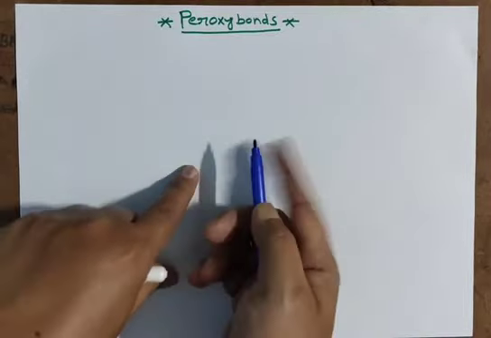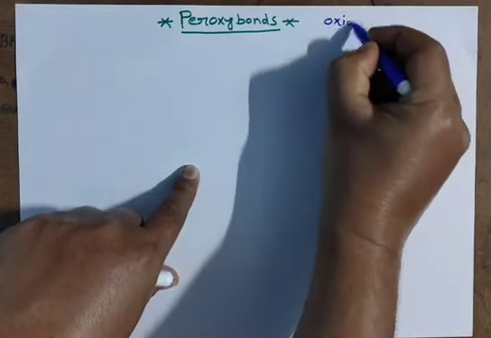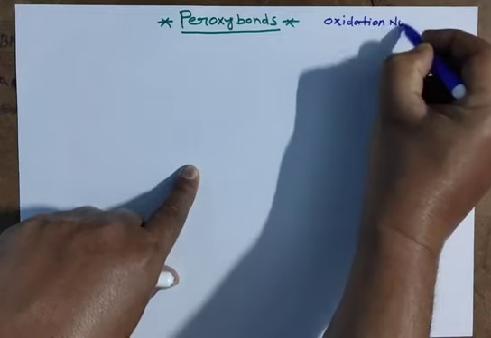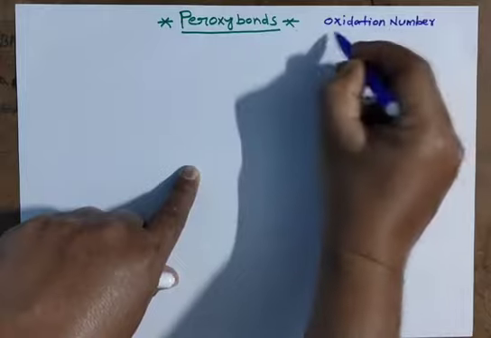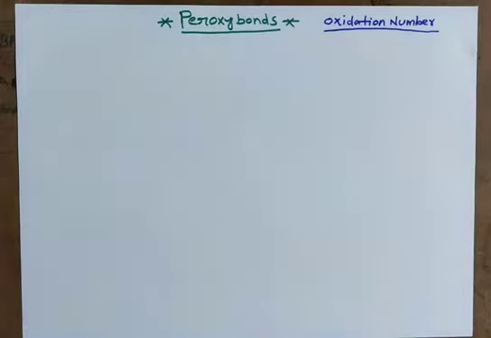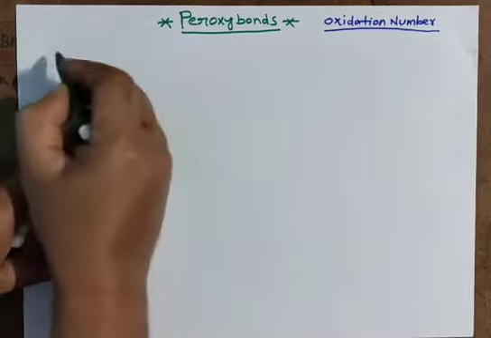For example, first you have to know the oxidation number. If you know the oxidation number, then only is it possible to identify the number of peroxy bonds.